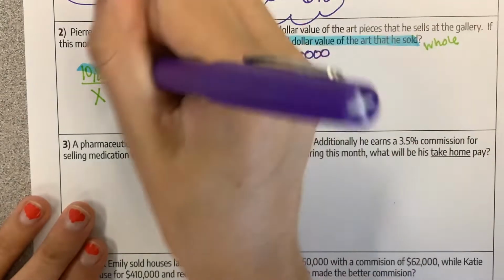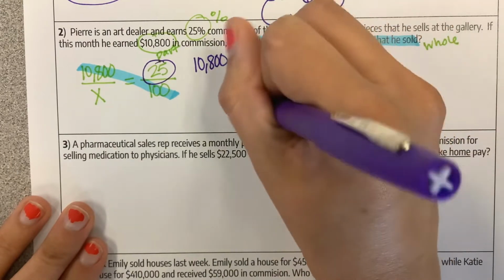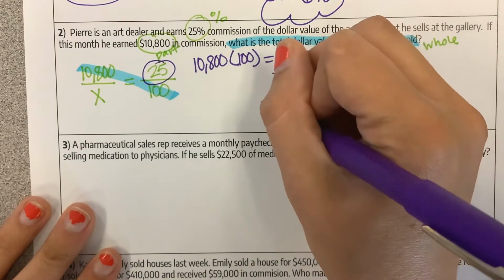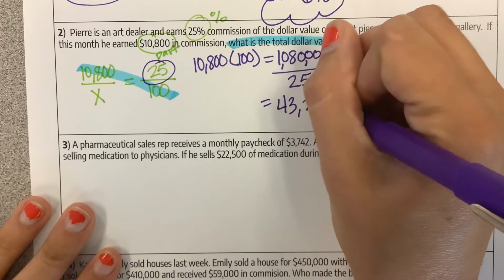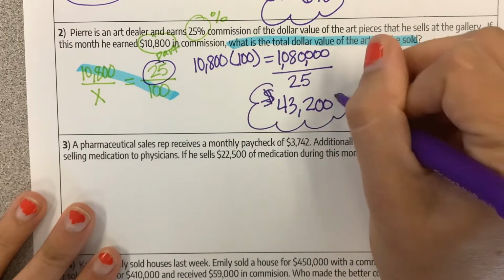Okay, and we're going to divide that by the number in the same diagonal as the variable, so dividing that by 25. Means that he sold $43,200 worth of art.